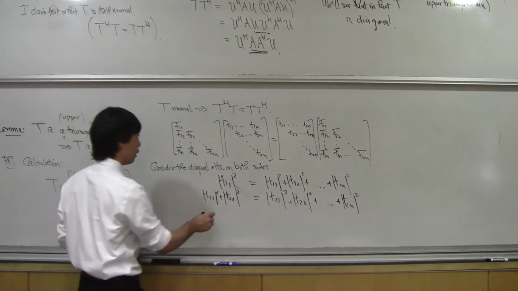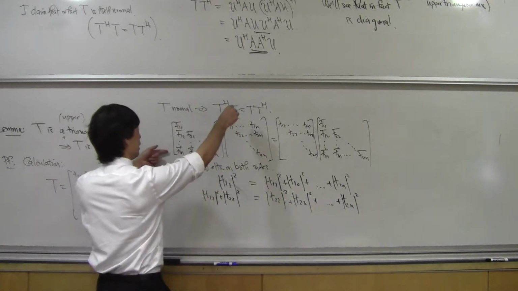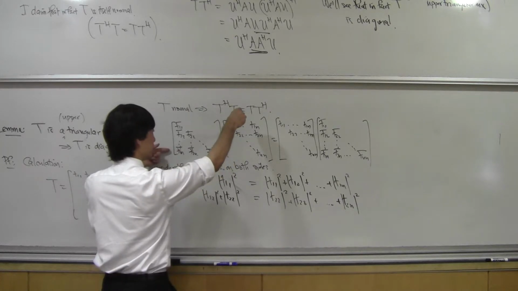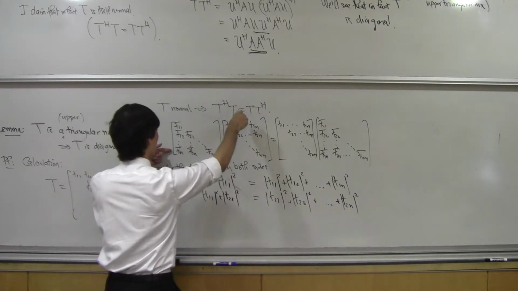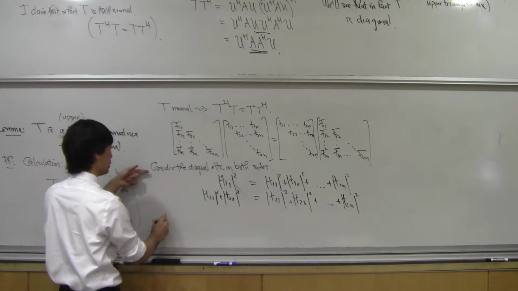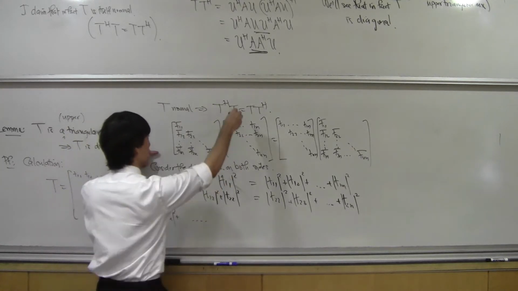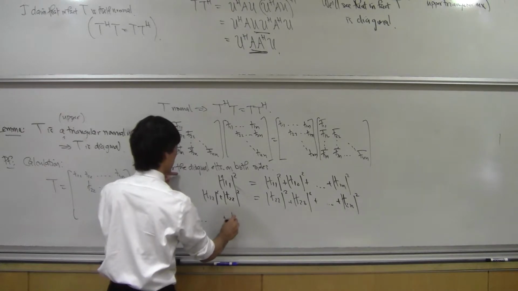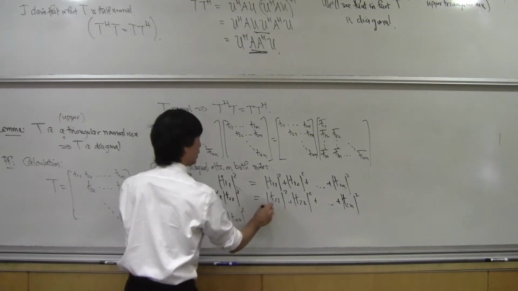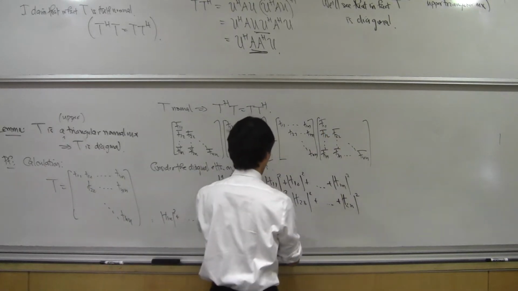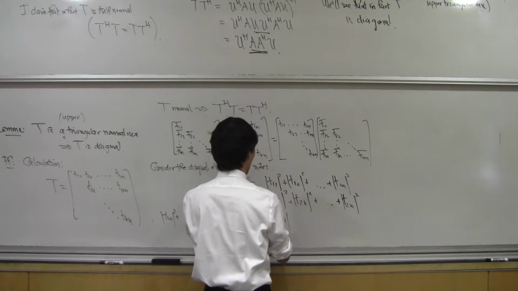And I go all the way down. At the end here, I'm going to get T1n modulus squared plus Tnn modulus squared. And then on the right-hand side, I'm just going to end up with Tnn modulus squared.